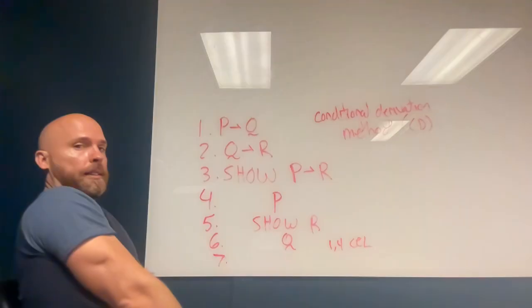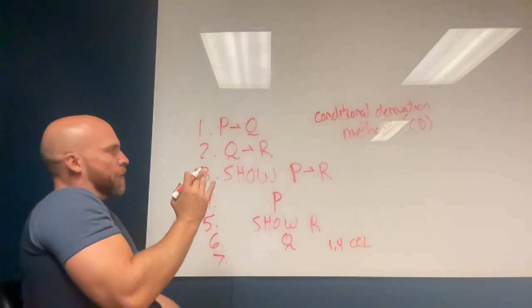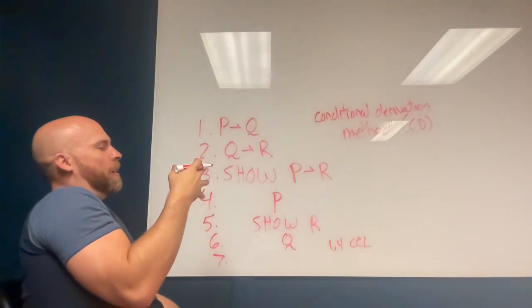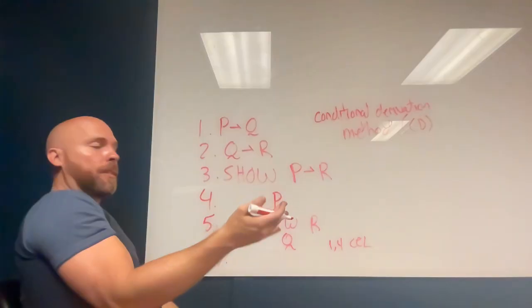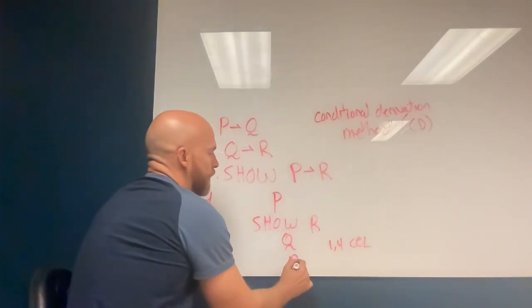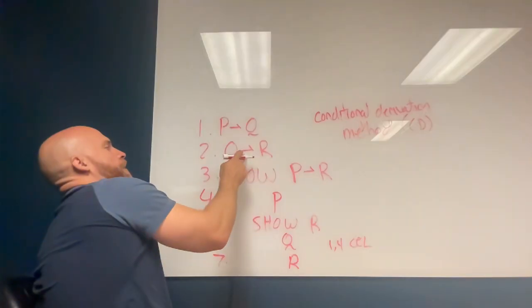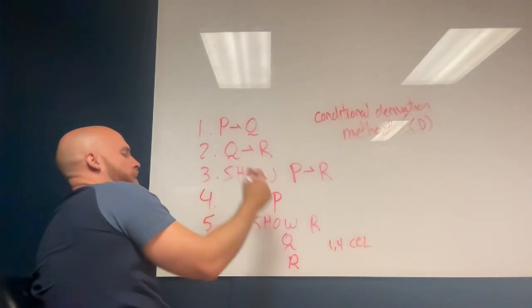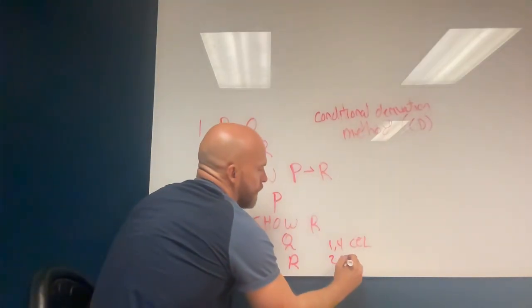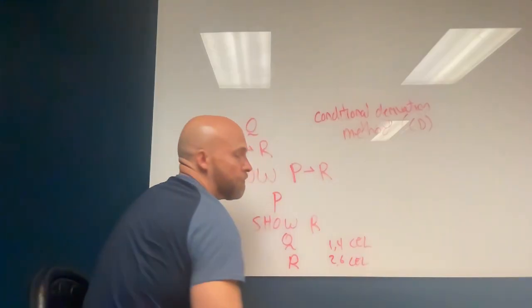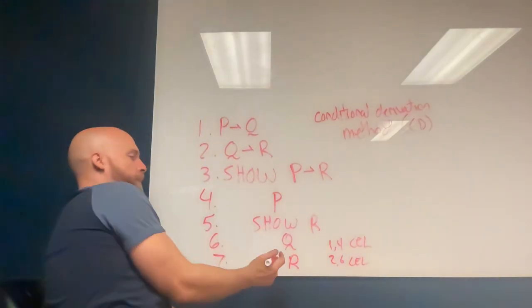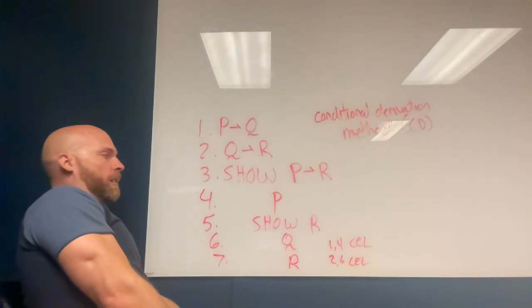Line 7, I want to infer now R. And how can I do that? Very similarly, I've just proven Q. Now I've plugged Q in with 2, so 6 and 2, same, conditional elimination. And together, that allows me to infer R. Look at that.